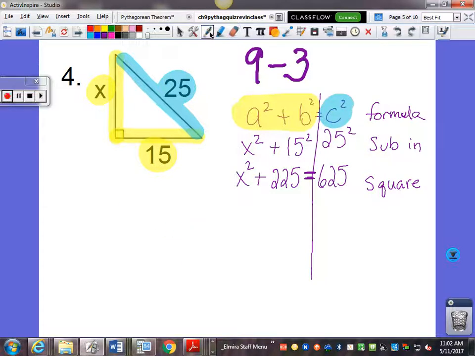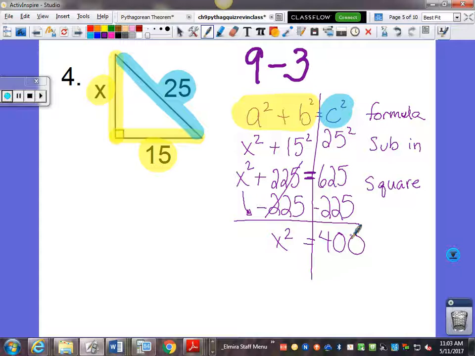So over here, we're subtracting 225 from both sides. And we got to write it on both sides. Don't get lazy on me. The x squared just comes down to get 400. Okay, so what did we just do? We subtract.